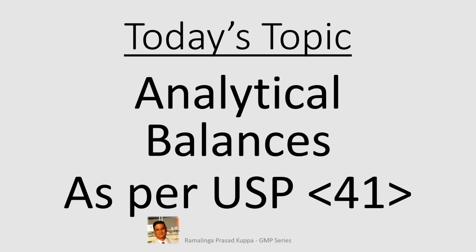The entire analysis and the correct and true outcome of the result totally depend on the accuracy of the weighing. In this video, we will focus on several aspects of handling of analytical balance, its care, qualification, and calibration. Read sections USP 41 along with 1251 and EP 217 for some more intricate information.